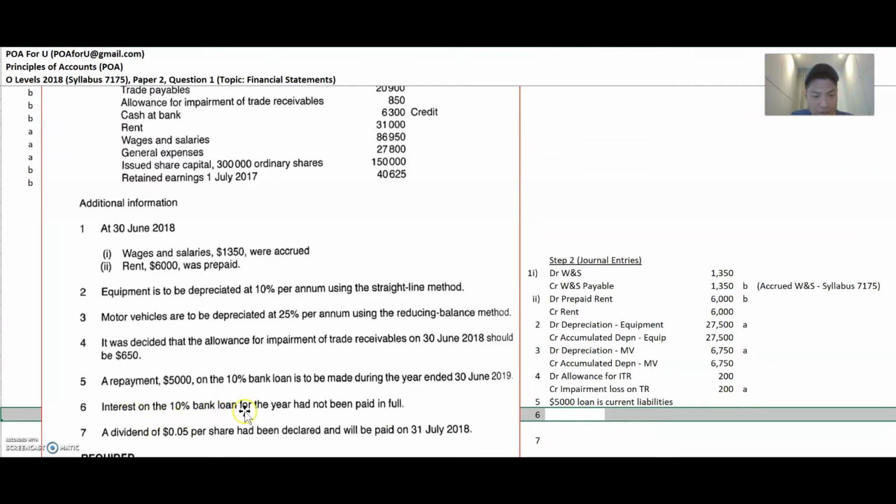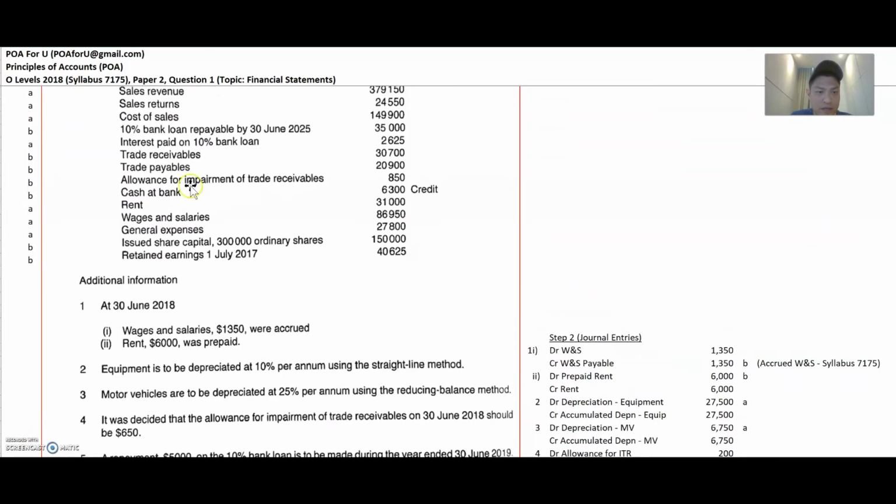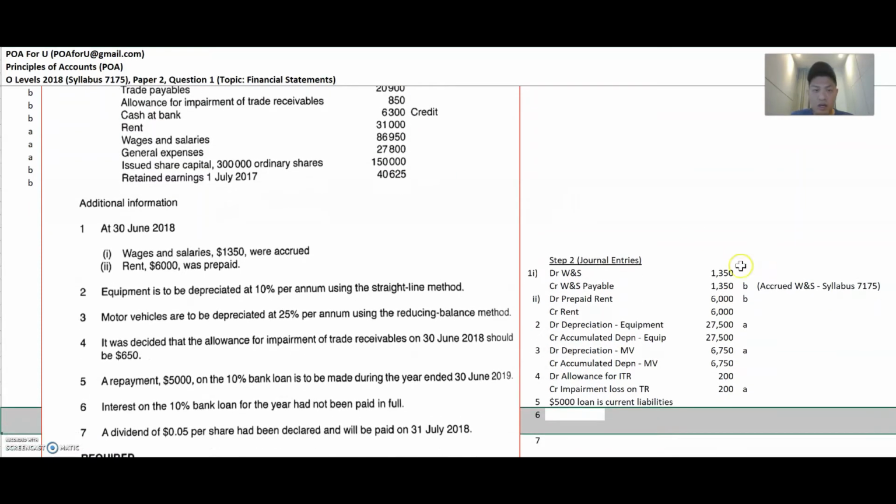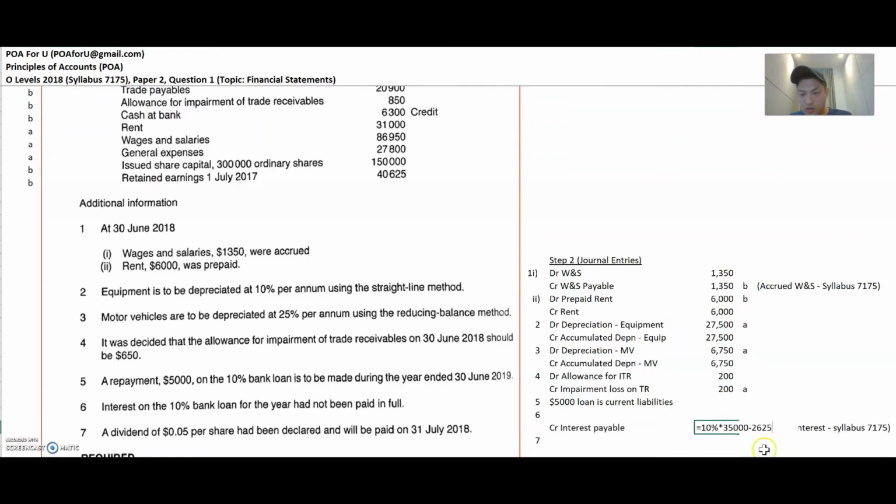Now, interest on the 10% bank loan had not been paid in full. So let's look at this. The trial balance tells us that interest paid on the 10% bank loan is 2,625. You know that the bank loan is 35,000, so 10% of that is actually 3,500. So you have underpaid this, right? So what should you do? You need to recognize an interest payable, because you should be paying 10% of 35,000, which is 3,500, minus the 2,625 you've already paid.